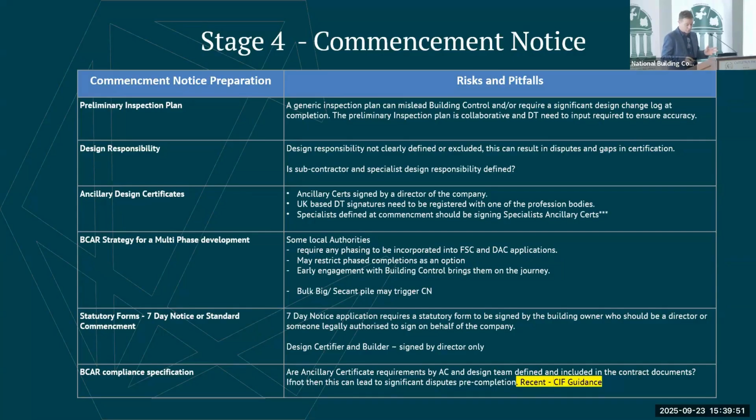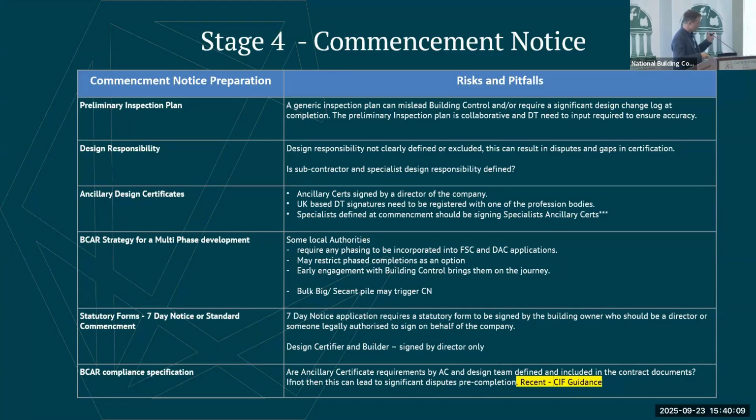Okay, then a BCAR compliance specification. We've heard this mentioned a couple of times here as well. The earlier you can get this across, the better in terms of de-risking the project. So we've heard a lot about ancillary cert requirements and other requirements from designers and assigned certifiers. You need to bake that into the contract.